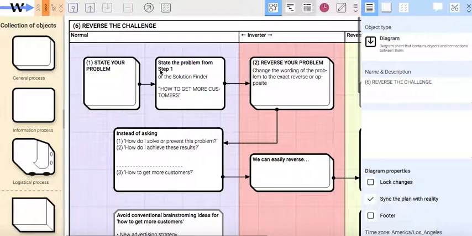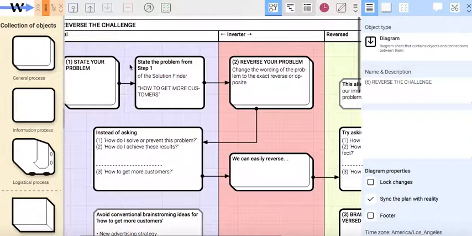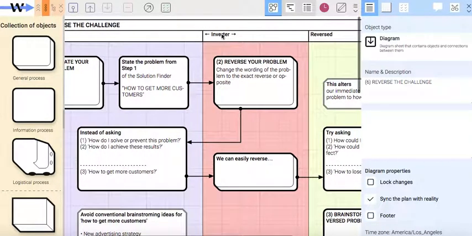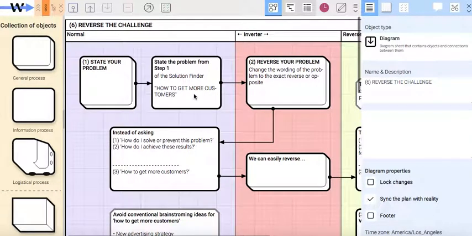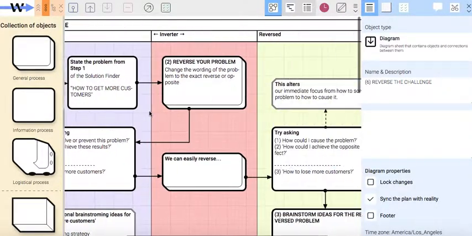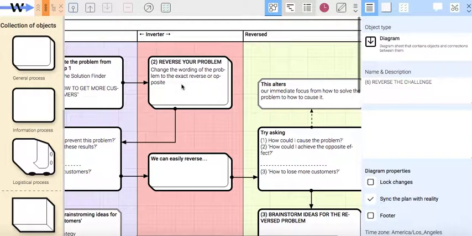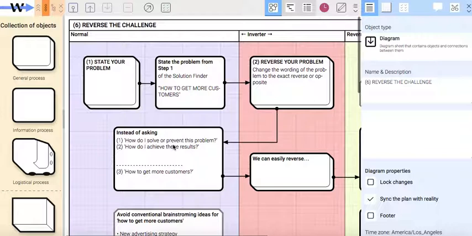Since this is a reversing the challenge idea generating technique, he used the middle column as the inverter, which is reversing whatever needs to be reversed back and forth. This was the normal state, and this is the reverse state, and this is basically going back and forth from the normal to the reversed, which is a very creative structure.